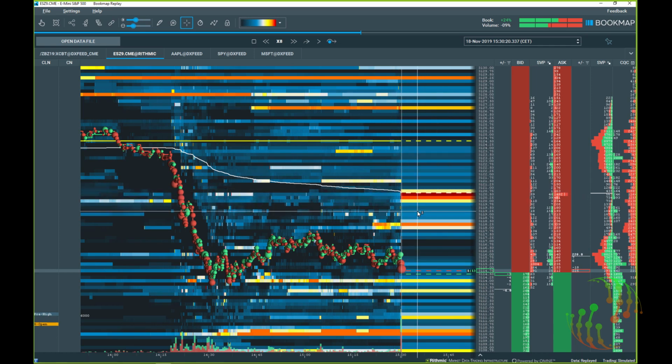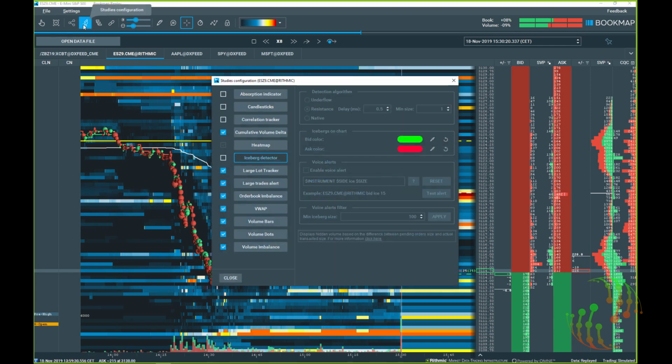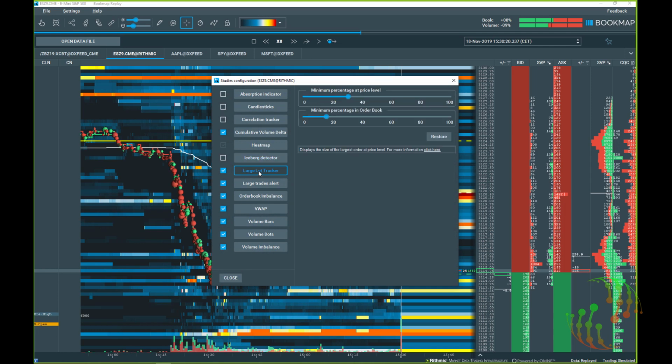Can you tell how many contracts are sitting on this 31.20 area? It's 1482. And you see this vertical line here, this indicator? This is the large lot tracker.